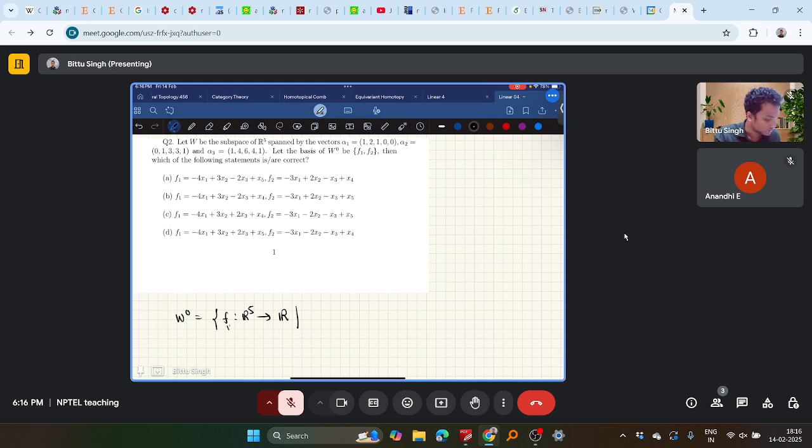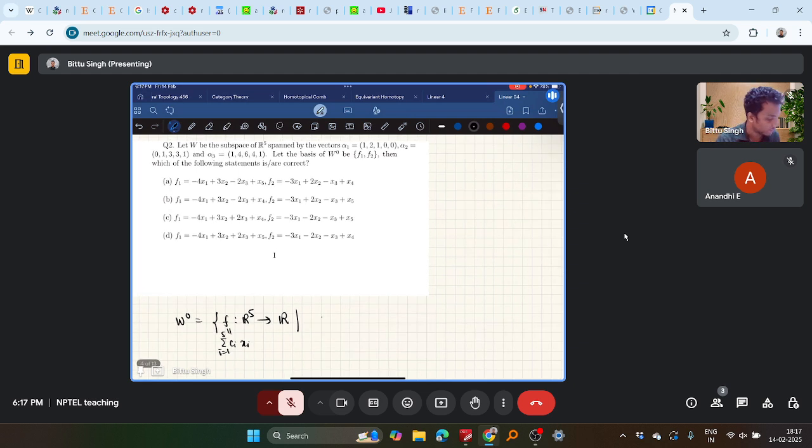It will look like the sum of Ci xi, where i equals 1 to 5, which satisfies the condition that f annihilates alpha 1, f annihilates alpha 2, and also f annihilates alpha 3. So this is W naught. Now we need to find what is the possibility of those linear functions f.